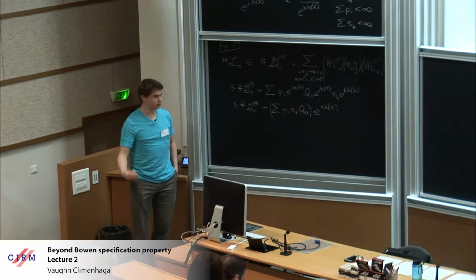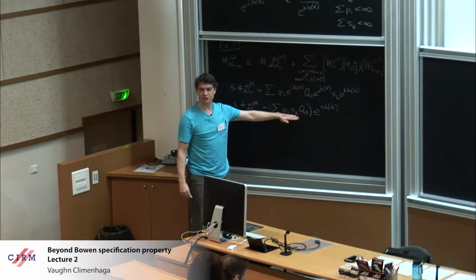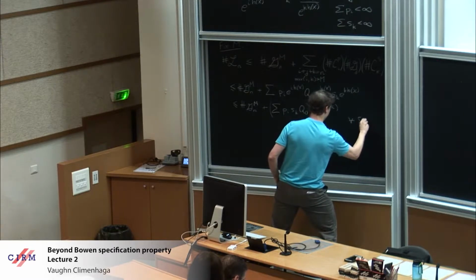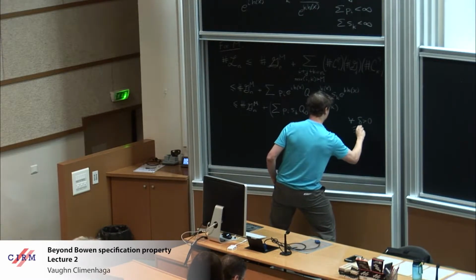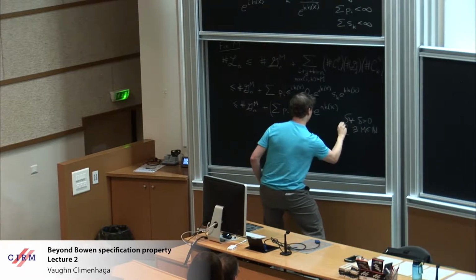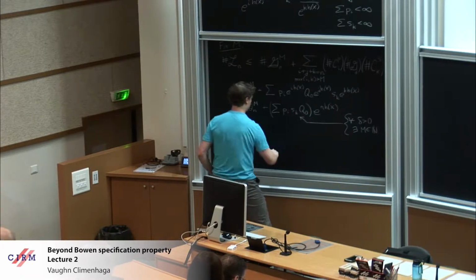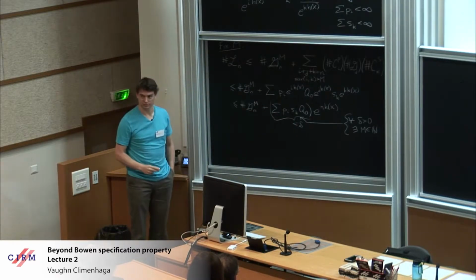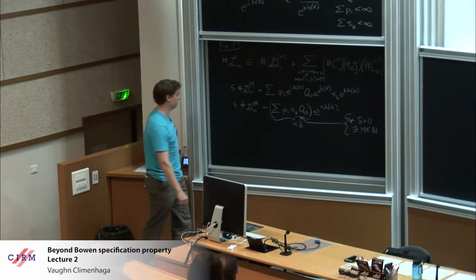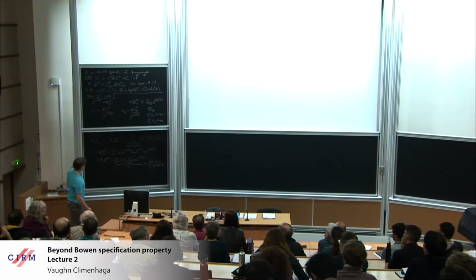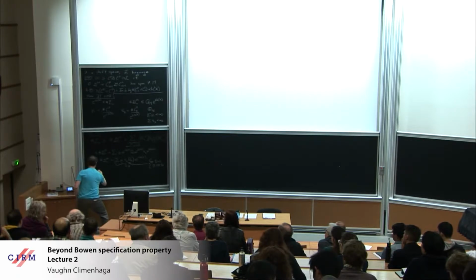The next step is to observe that because both of these series are summable, for every delta greater than 0, there exists an m such that this sum is less than delta, simply because both series are summable. And this quantity, e to the nh, is less than or equal to the number of words of length n.